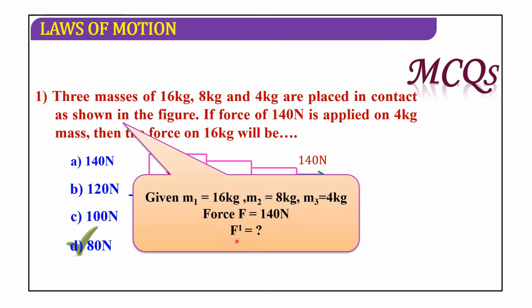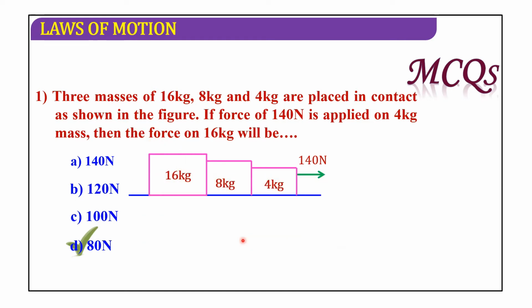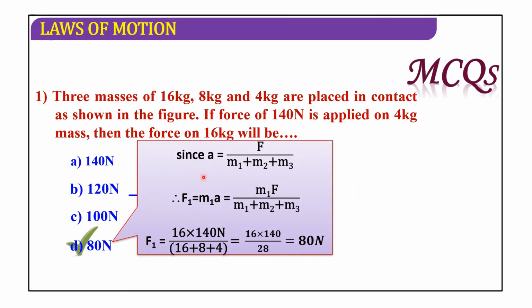So first we have to calculate F1. Since we already know that a is equal to F by M1 plus M2 plus M3, therefore F1 is equal to M1 into a, that is M1 into F by M1 plus M2 plus M3. Substituting values: M1 16, F 140 newtons, and M1 16, M2 8 and M3 4.